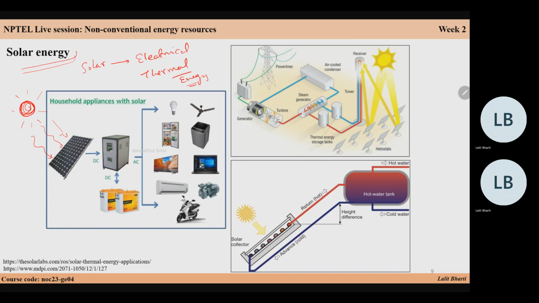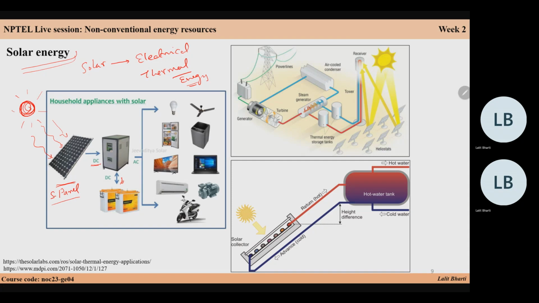The first one is a typical example of a solar panel, which converts solar energy to electrical energy. We can take this electrical energy as DC and store it in batteries. Otherwise, we can convert it to AC and run all the home appliances we have.